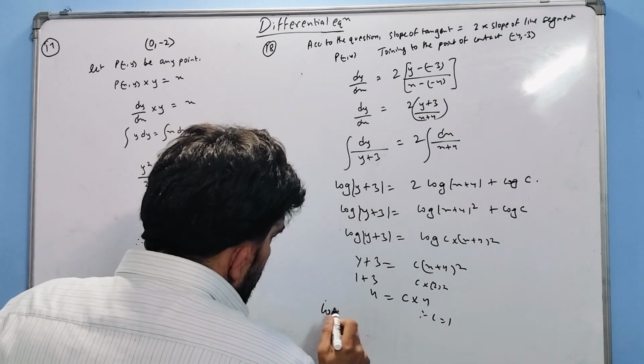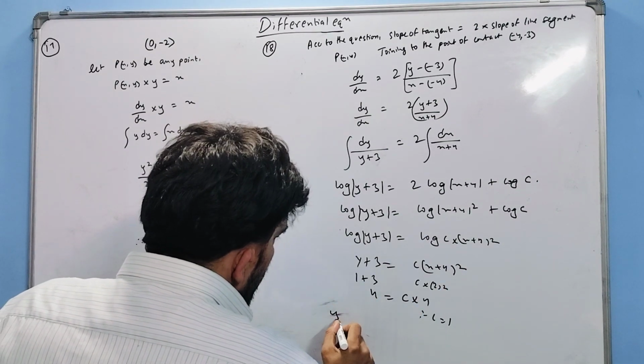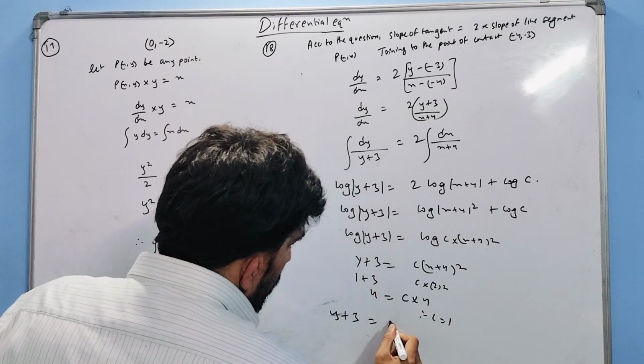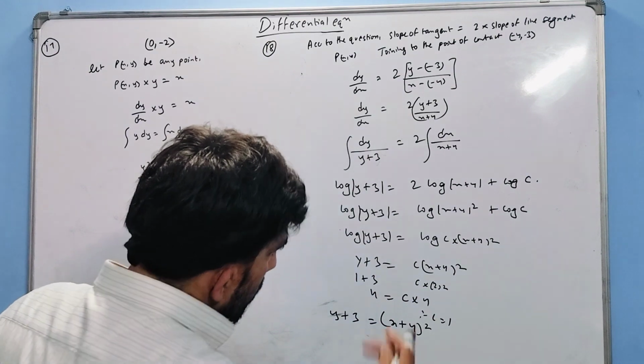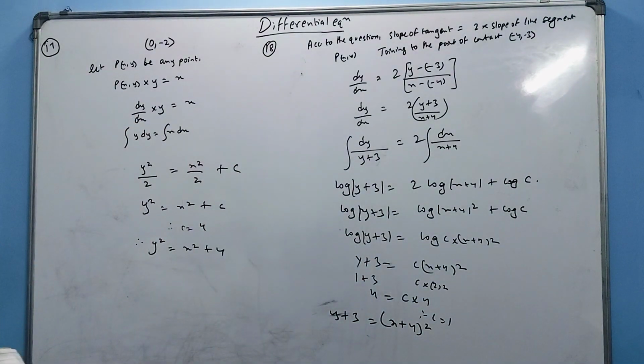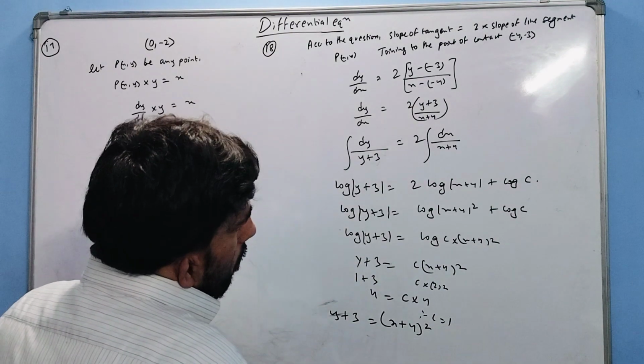Now we can easily put here y plus 3 is equal to x plus 4 whole square.